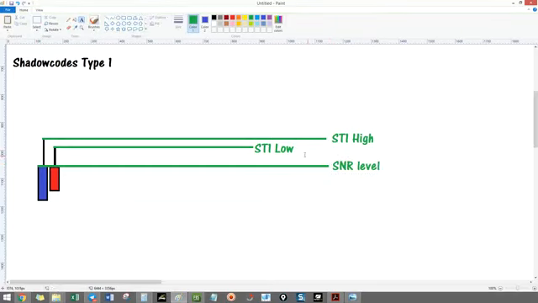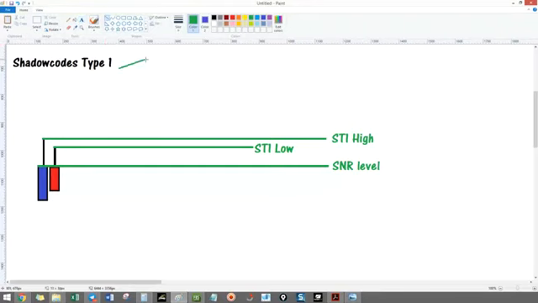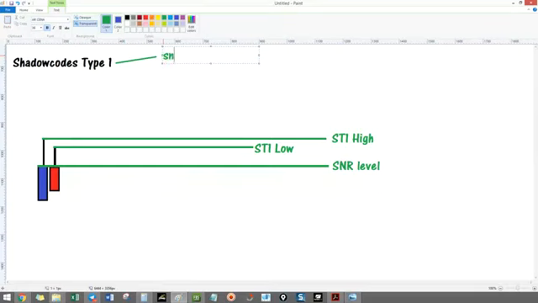Okay. So our entry is at the ST1. ST1 is used for sniper entry.